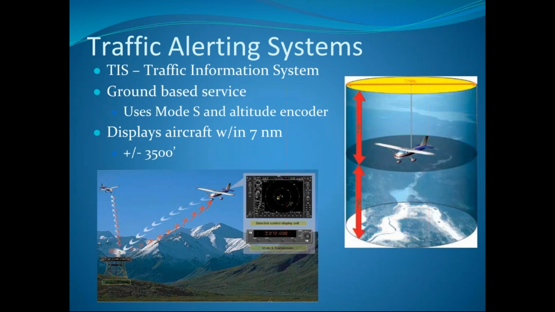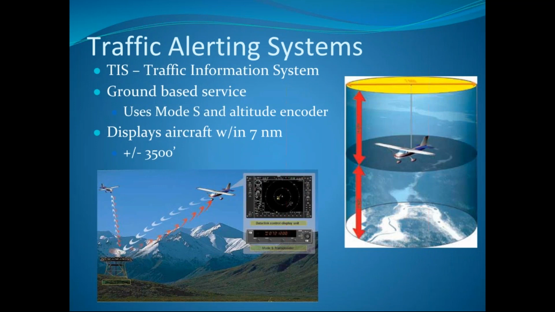TCAS, traffic alerting systems. So we've got 2 different things here. We got TIS, traffic information system. It's a ground-based service that uses Mode S transponders and altitude encoders. Whole bunch of stuff. The transponder is what sends a signal from the aircraft to the ground, and basically tells air traffic control or other aircraft your location in the sky.